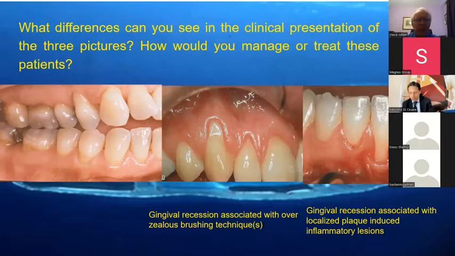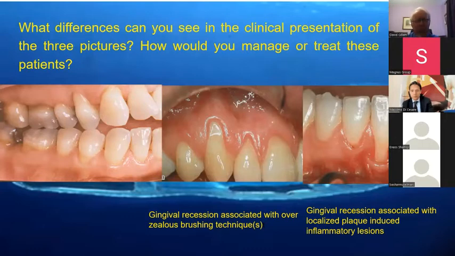The middle slide is gingival recession associated with overzealous brushing techniques. It used to be called traumatic toothbrushing. The reality from studies shows that it's not the toothbrush that's causing the problem, but the abrasives in the toothpaste, again with excessive pressures.